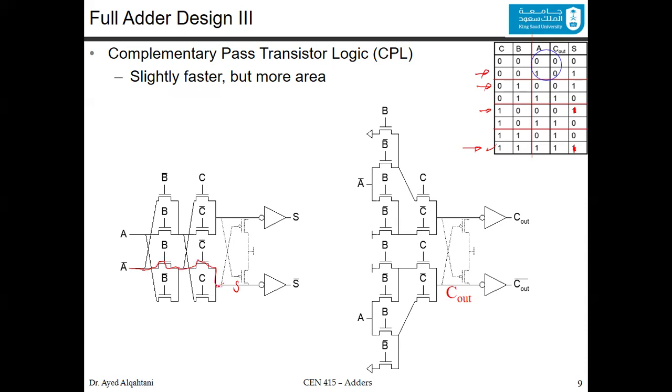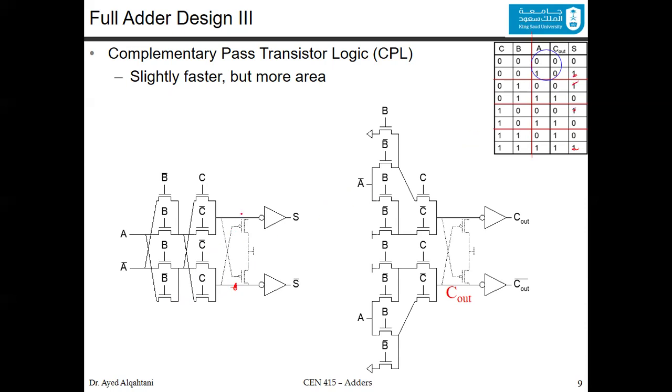Now you reach to the S. The last one, which is A, B bar, C bar. So it's A, and you have B bar and C bar. Going to this. So for S, you will have 4 paths to reach to this point, indicated by the ones.